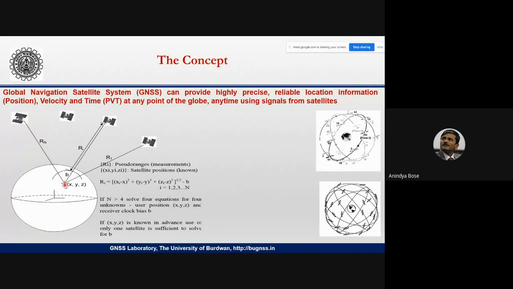But the problem is when we want to measure the time of travel, we are depending on two separate clocks. For example, I want to measure the time of travel from my home to my office. So I use my watch: I started at 10:12 and reached there at 10:23. So 10:23 minus 10:12 is the time of travel.